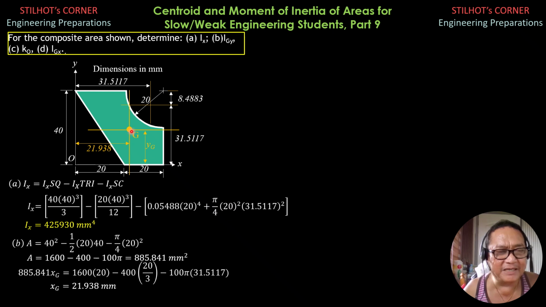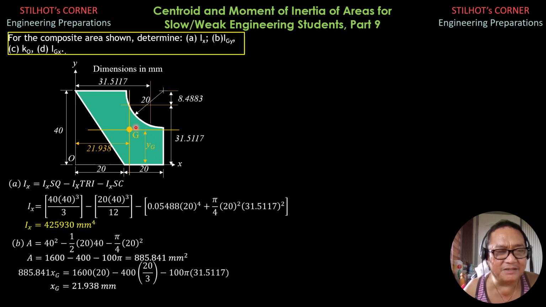So the formula is centroidal moment of inertia with respect to the y-axis of each area plus area times the distance between the centroidal axis of the individual area and the centroidal axis of the entire area.